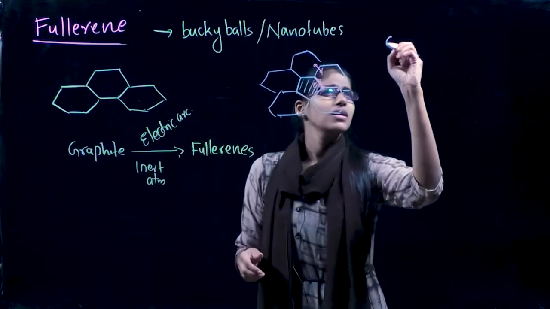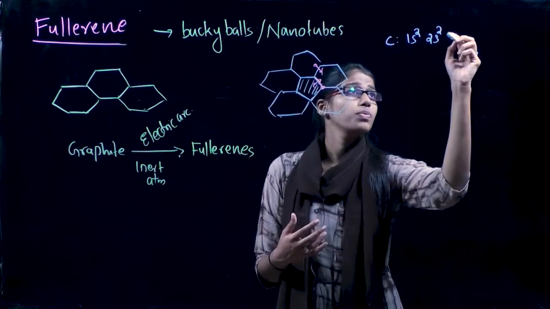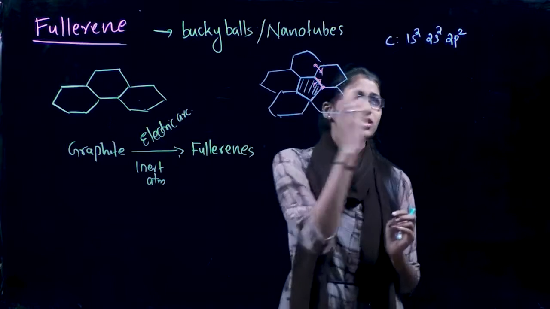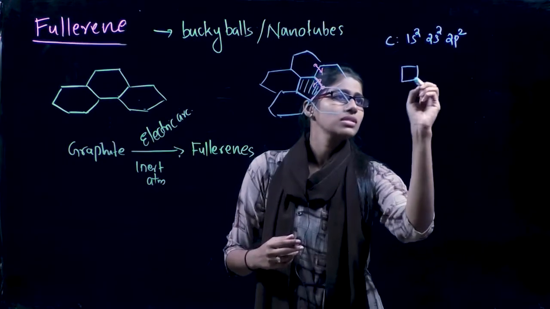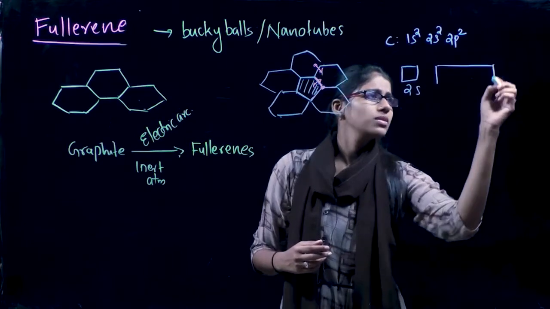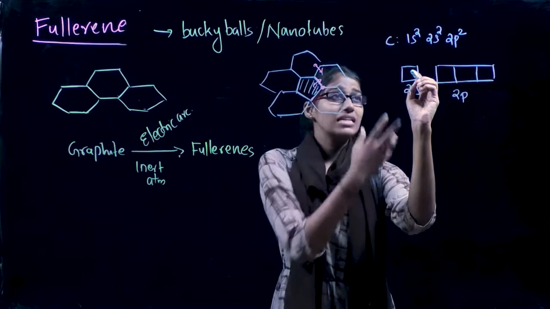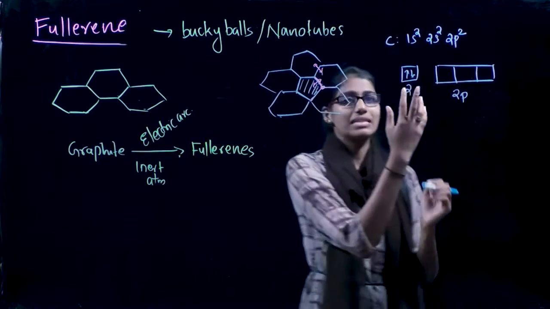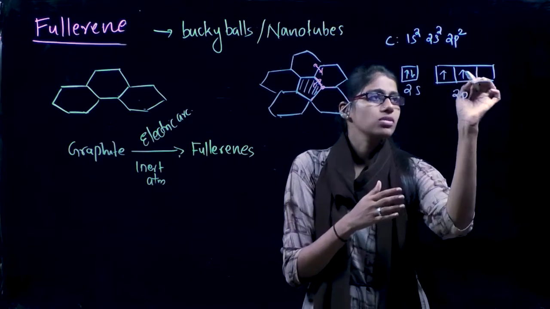Consider carbon in its ground state: 1s2, 2s2, 2p2 is the configuration. We are just focusing on the valence shell electrons. So let's represent the 2s and 2p orbitals, where 2s contains 2 electrons in the paired condition, and in 2p you have 2 unpaired electrons.